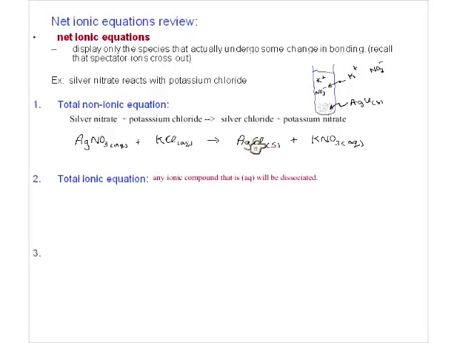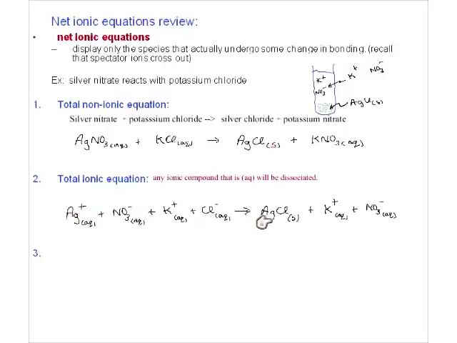So we leave it as it is, and we'll dissociate the potassium nitrate into its ions. So our total ionic equation would look something like this, where everything that was aqueous is now written in its ionic form, except for the silver chloride, which is in the solid state.